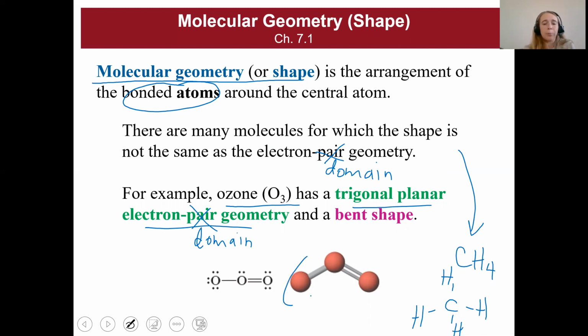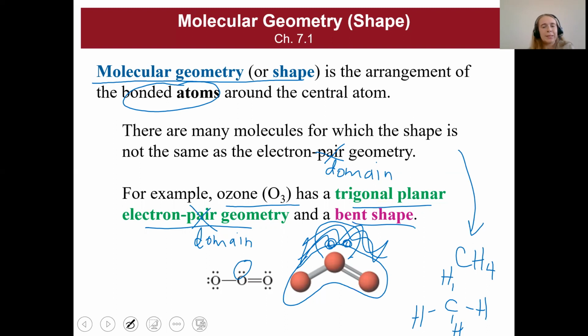So this is the shape. This is what we see if we were to look under an electron microscope. But there are two lone pairs here. So see them over here on the Lewis structure? There are two lone pairs there, which gives us the trigonal planar electron domain geometry, but we pretend they're not there. We ignore them when we look at the shape.